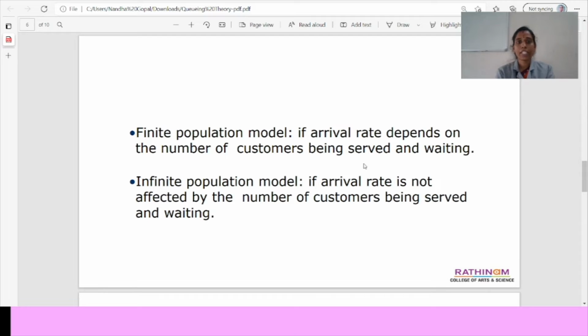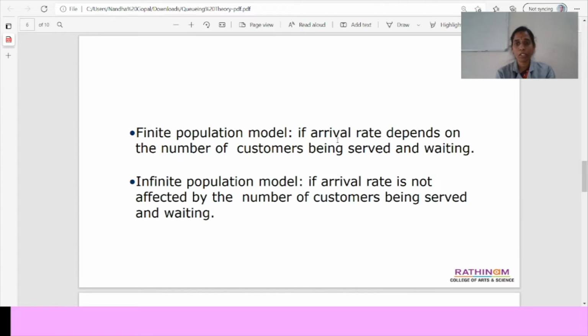Afterwards, I will tell you the meaning of finite population model and infinite population model. Both finite and infinite depend on the arrival rate. A customer entering the service is called an arrival. The arrival rate is a numerical value denoting the arrival process.